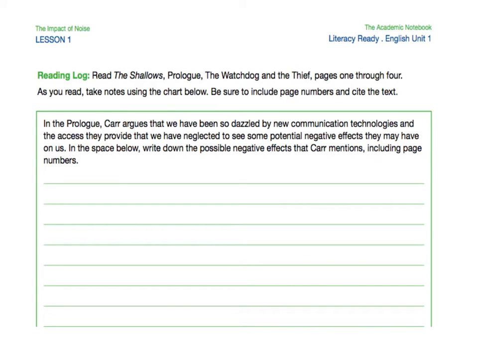It says, in the prologue, Carr argues that we have been so dazzled by new communication technologies and the access they provide that we have neglected to see some potential negative effects they may have on us. In the space below, write down the possible negative effects that Carr mentions, including page numbers.